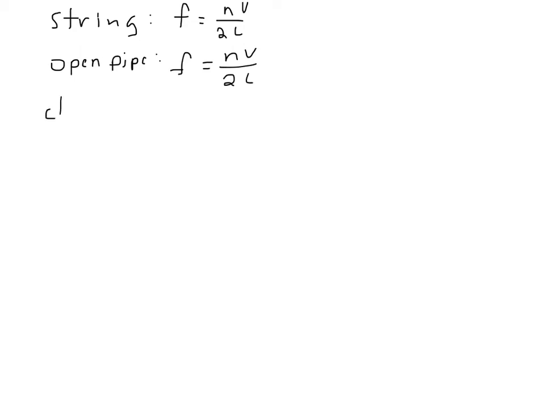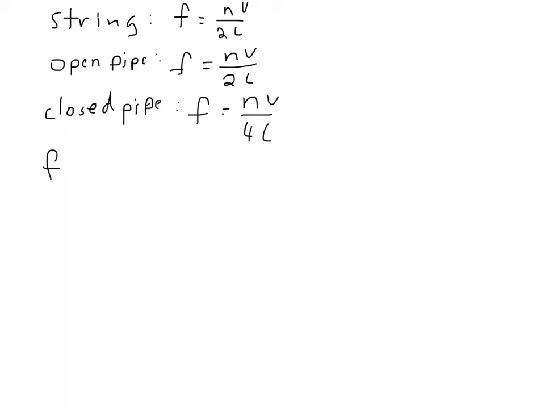For a closed pipe, though, our equation is going to be F equals NV over 4L.